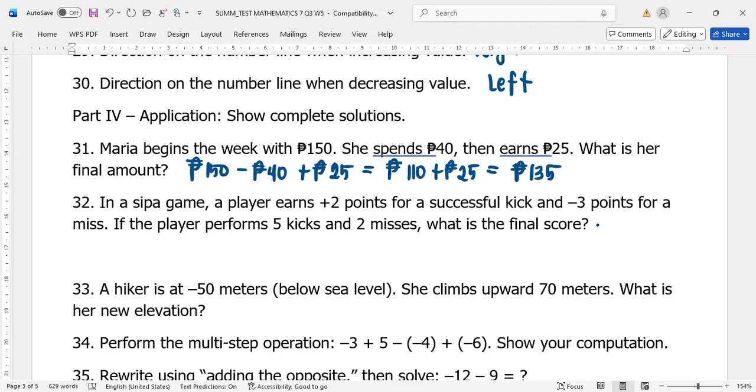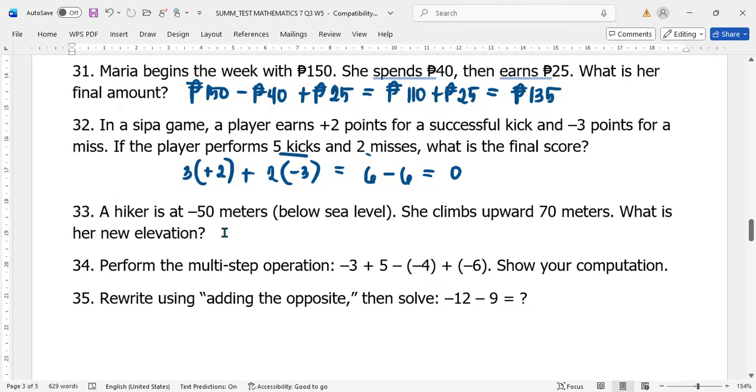So we get 3 times positive 2 plus 2 times negative 3. 3 times positive 2 is 6. 2 times negative 3 is negative 6. So his final score will be 0.